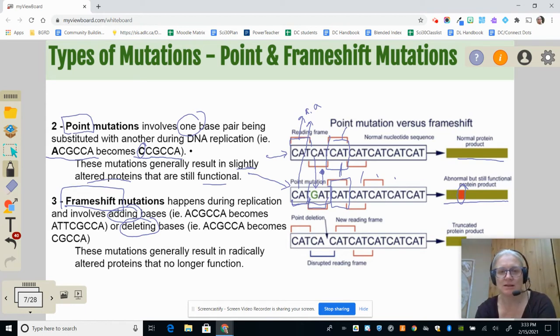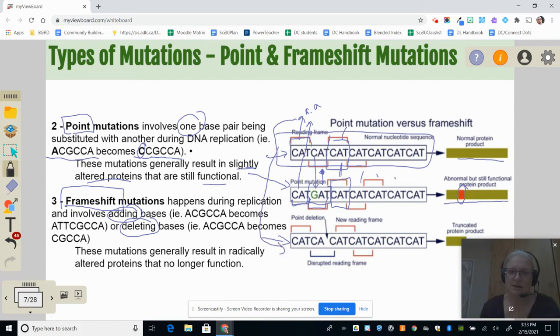So in the example here, you can compare the original sequence up top with this new sequence, and it all goes along fine and dandy until here. There was a T, you can see that, and the T is missing. So this is called a point deletion. So at that point, that base is gone.